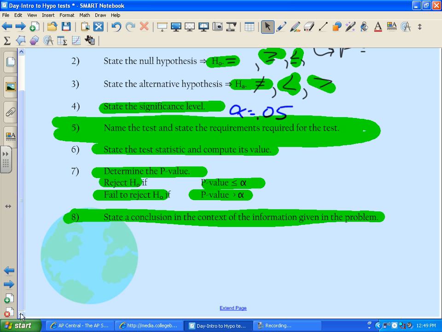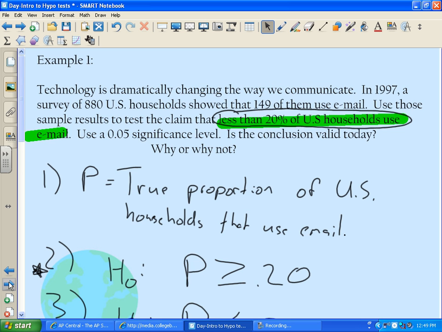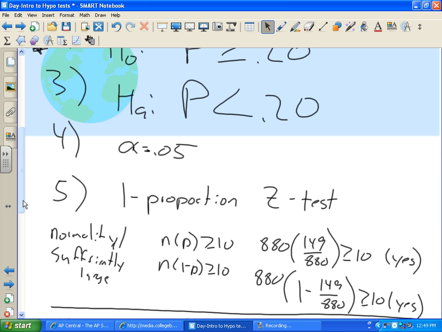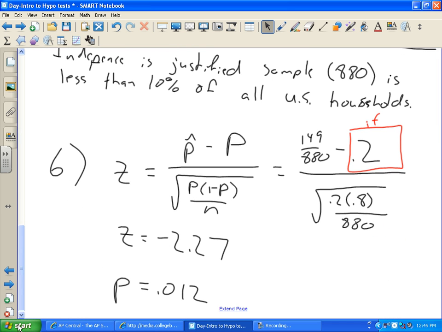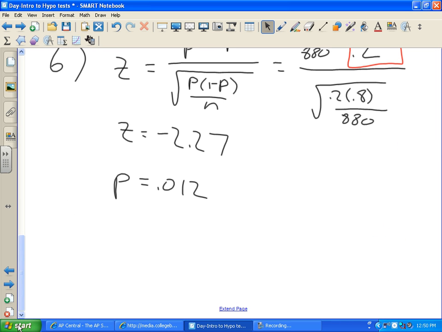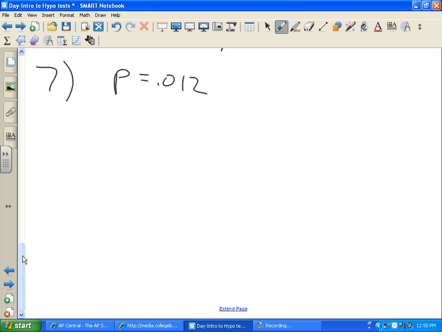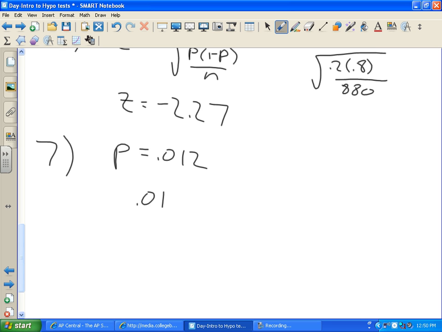Small p-values means reject. I'll say it again. Small p-values means we reject. We always compare the p-value to the alpha value. The alpha value in this case was 0.05. We stated it earlier. So my p-value, which is step 7, 0.012, is less than or equal to 0.05.